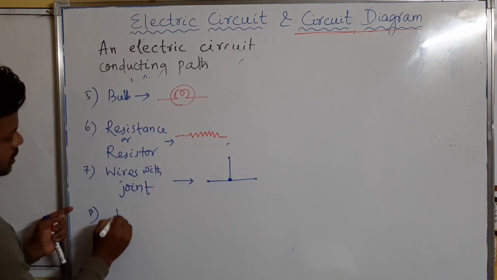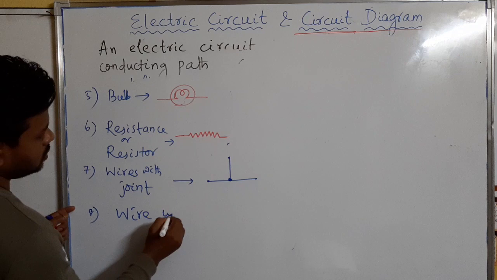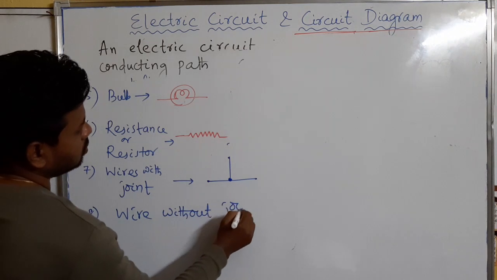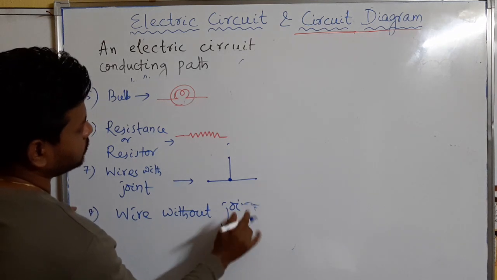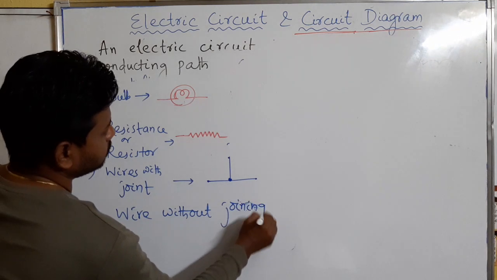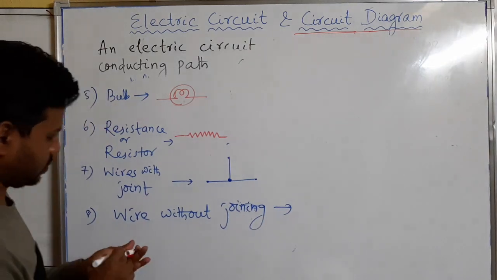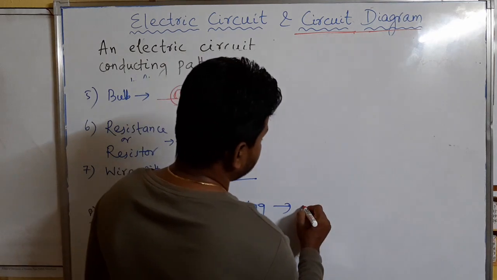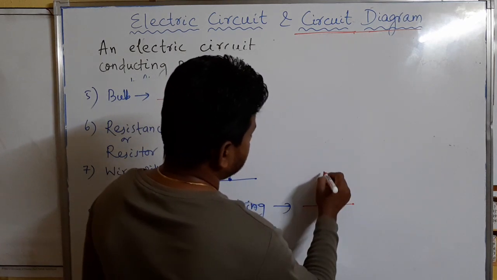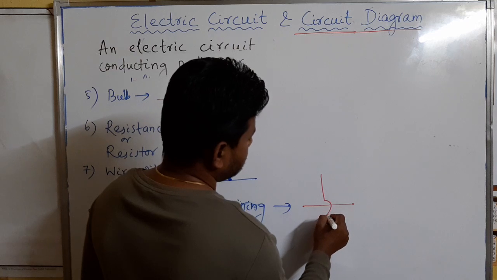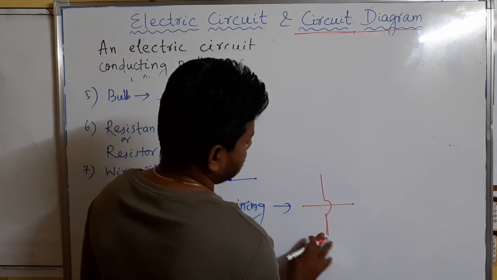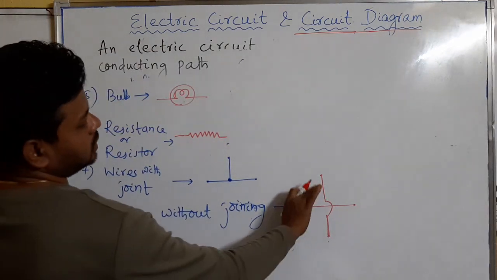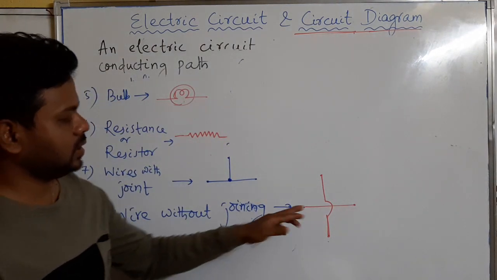And wires without joining: in this case you can see it is just going above it, it is not joined.